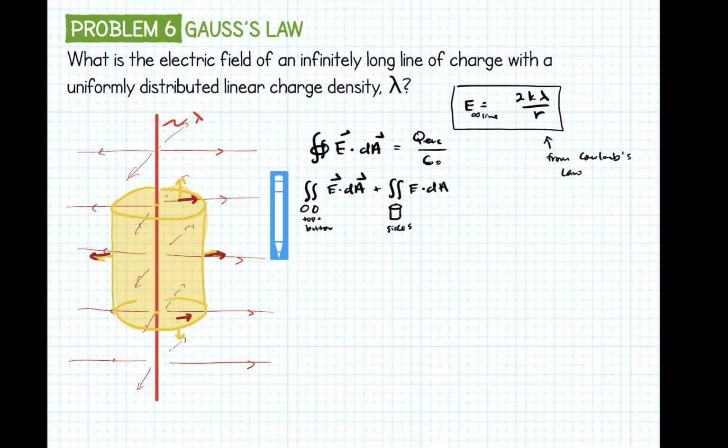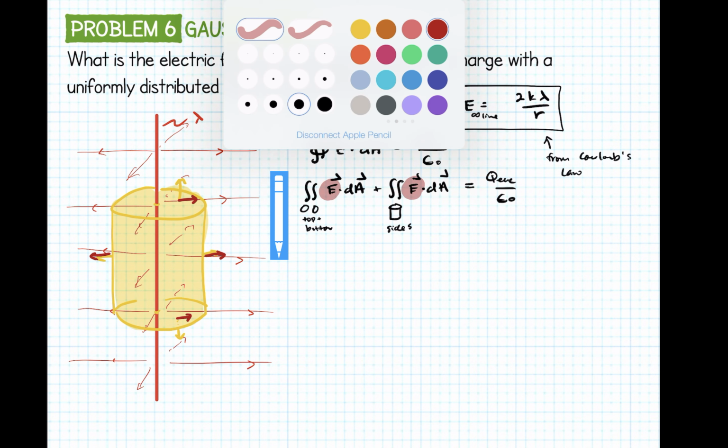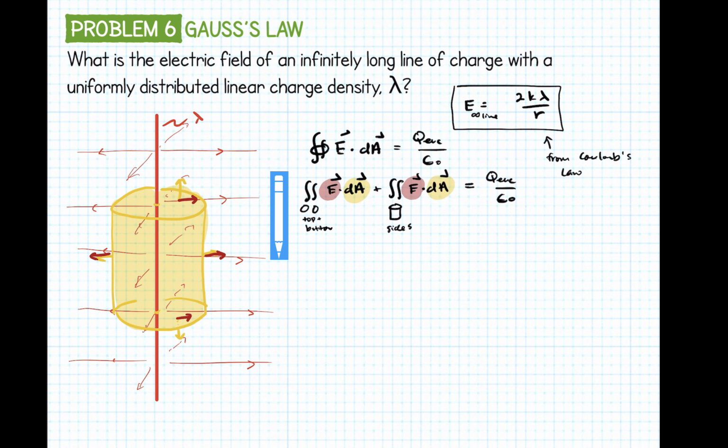And this is still equal to Q enclosed over epsilon naught. Remember, the electric field is this, and the area is from the Gaussian surface.